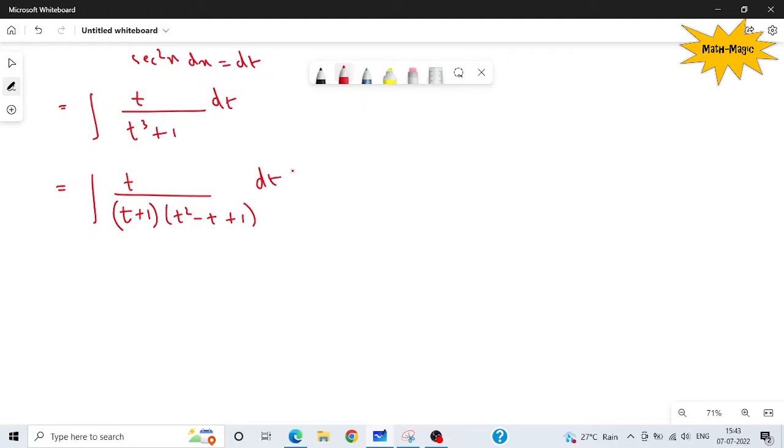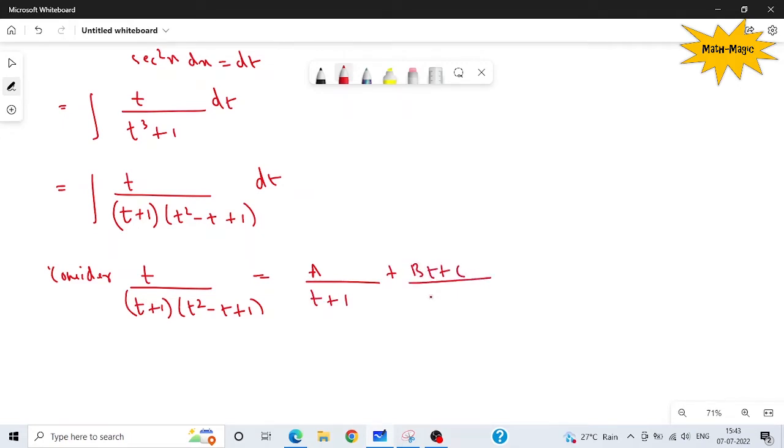Now we are going to use partial fractions to break these factors in the denominator. So let's consider t upon t plus 1 into t square minus t plus 1, which equals a upon t plus 1 plus bt plus c upon t square minus t plus 1.